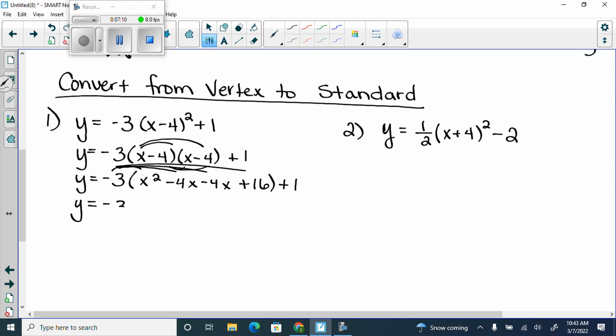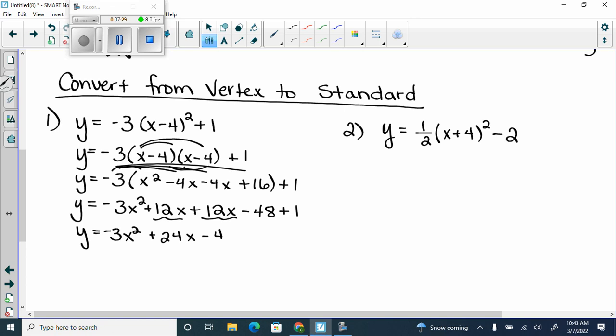So we're going to get negative 3x squared plus 12x minus 48 plus 1. And then we collect like terms. So we get y equals negative 3x squared plus 24x minus 47.